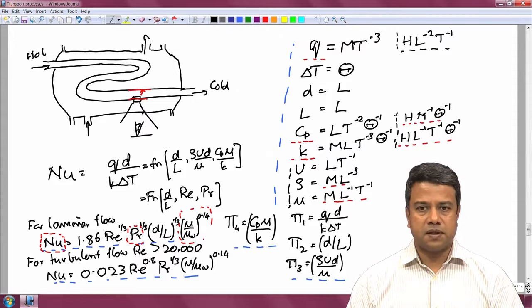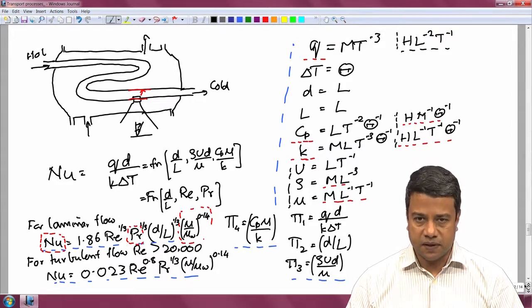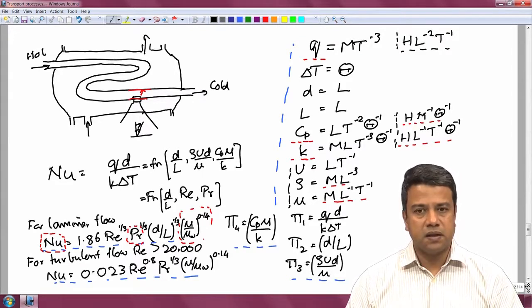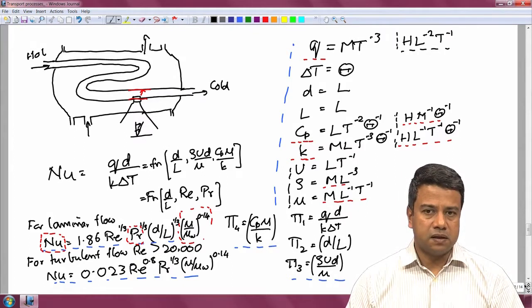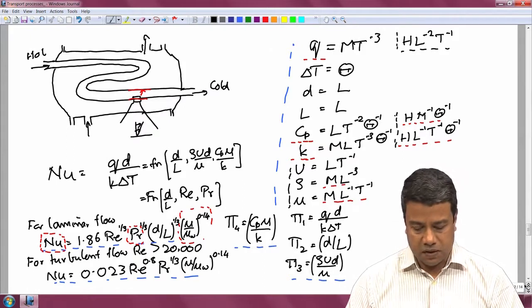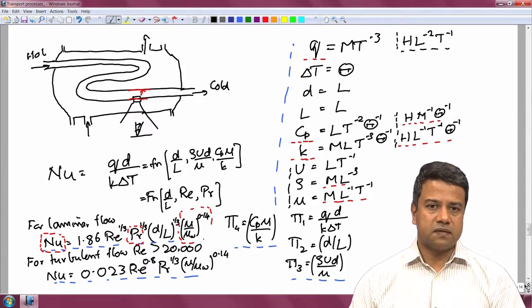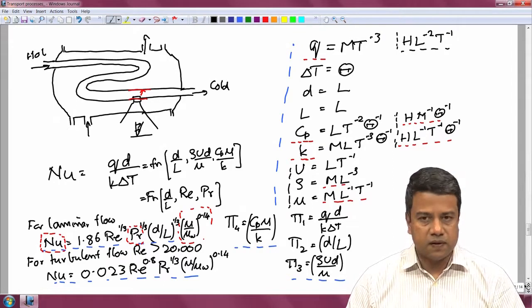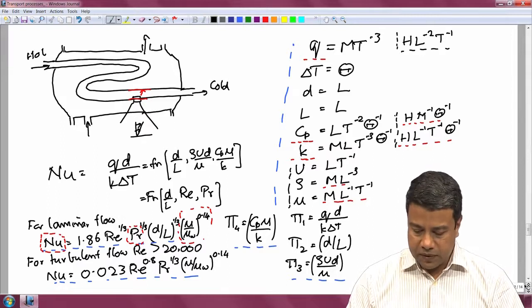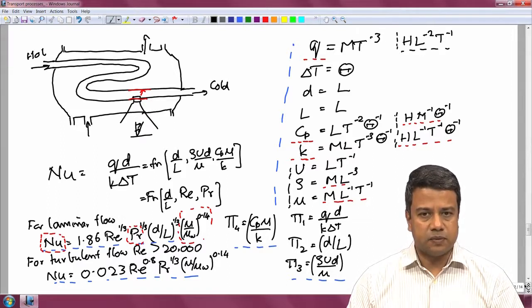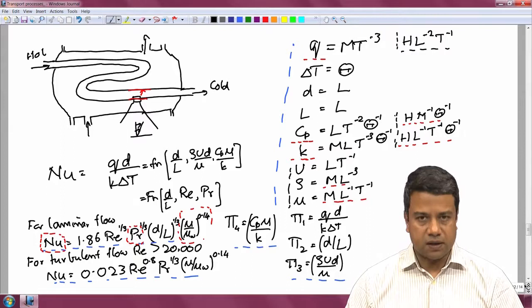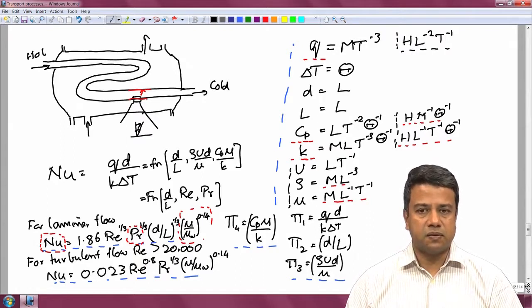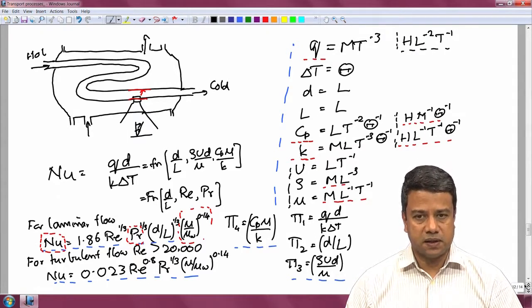We had used dimensional analysis to considerably simplify the number of parameters, and we had got dimensionless groups, the dependent dimensionless group, the Nusselt number, as a function of independent dimensionless groups. In this case, there was a ratio of length, a number that we called the Reynolds number, and a number that we called the Prandtl number. Okay. And I said beyond this you cannot do simply based upon dimensional analysis.